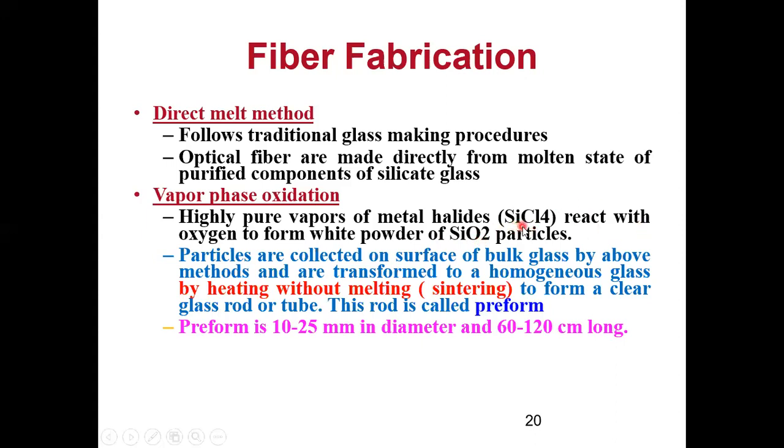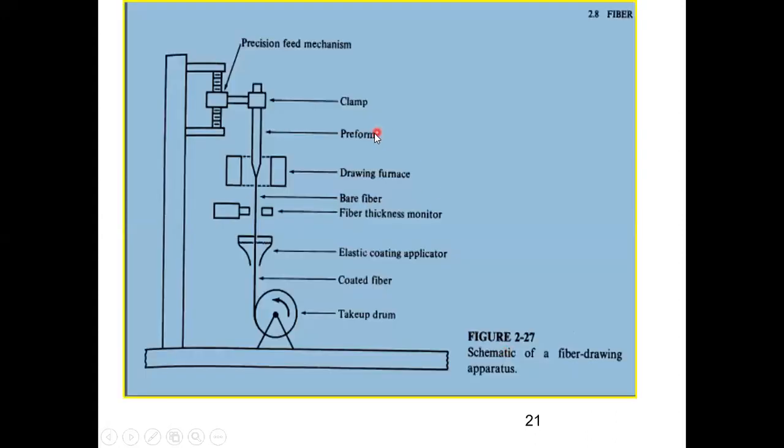In all the methods, SiCl4 reacts with oxygen to form SiO2, and then I do the process of sintering and I get a clear rod, or tube kind of structure. We don't call it a glass rod or tube, we call it a preform. I have a preform by all of these methods, whether it is a direct melt method or vapor phase oxidation method. From the preform, with this dimension mentioned, I give it to a fiber drawing tower.